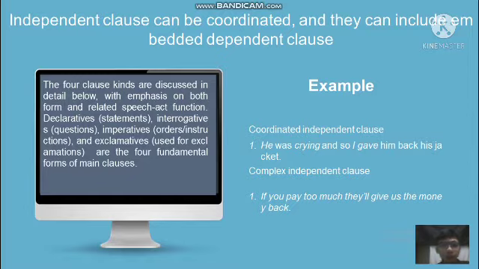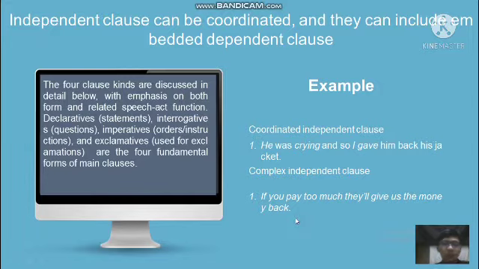The dependent clause is "if you pay too much." Why is that? Because it starts with a subordinating conjunction, "if."